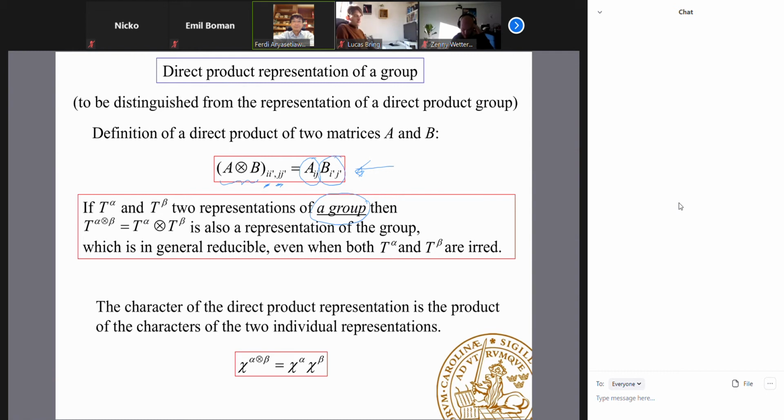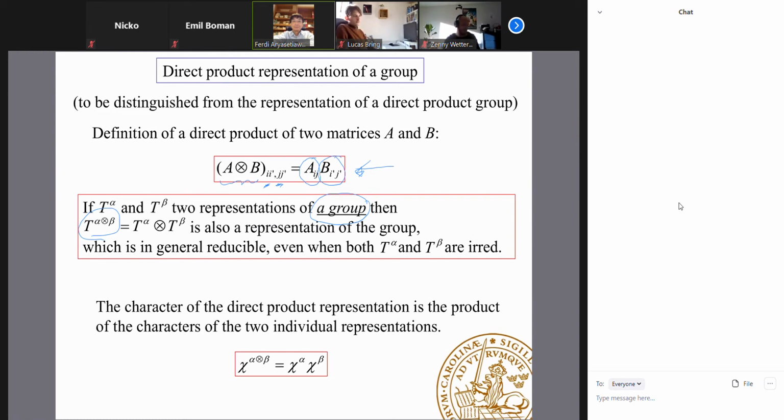We are talking about a group, and we have different irreducible representations of the group. If we form a direct product of two irreducible representations, then that representation, the matrix T^alpha cross T^beta, is also a representation of the group. But in general, it is reducible.